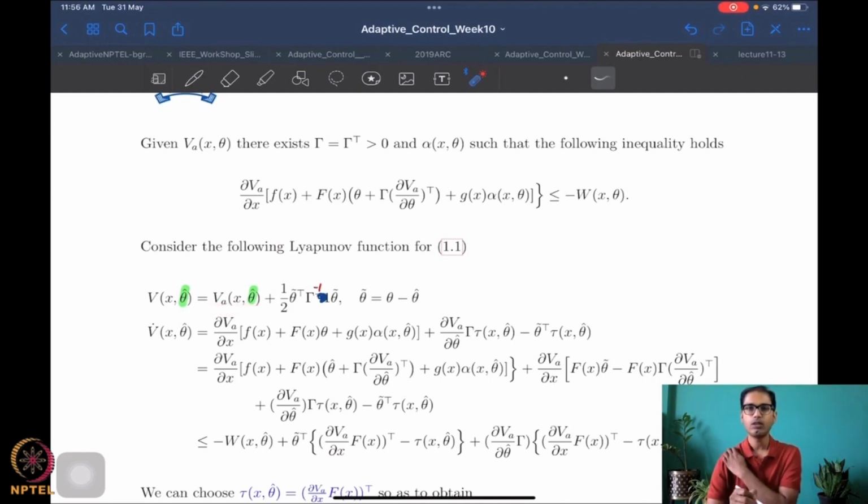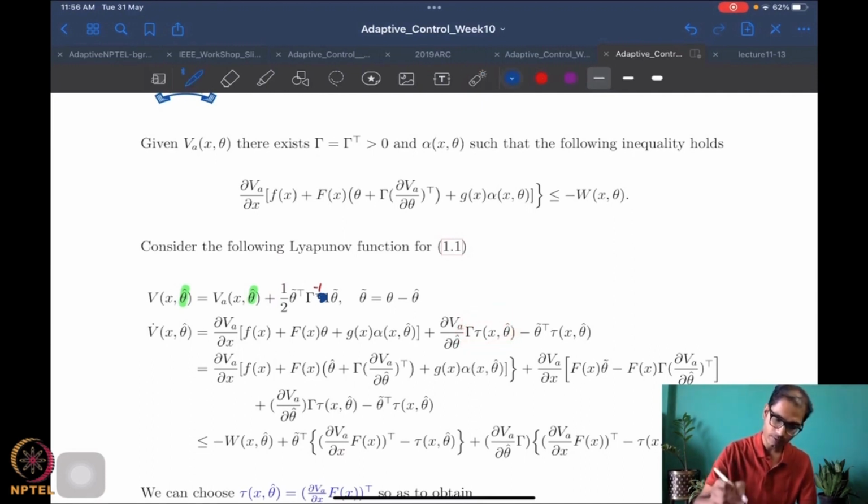So we take a derivative here. Now theta hat is no longer a constant, so we take derivative with respect to both of them. So I have del VA del X times X dot, which is essentially the original system, not the modified system. And I have del VA del theta hat times gamma times the tuning function. We don't know what the tuning function is yet. We will actually compute it. And then we have theta tilde transpose times gamma inverse times gamma tau, the tuning function.